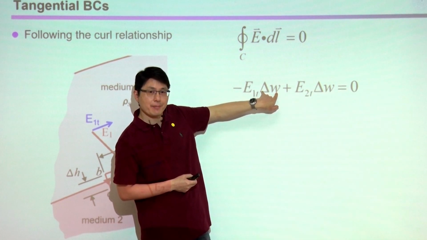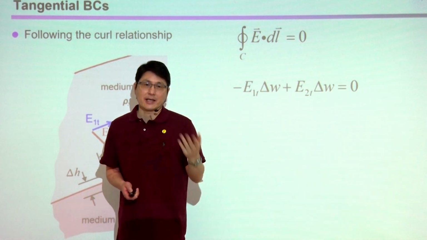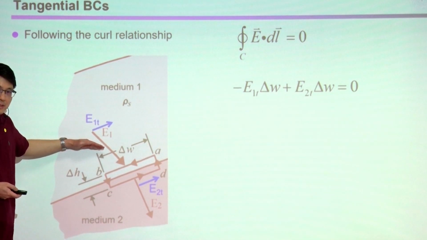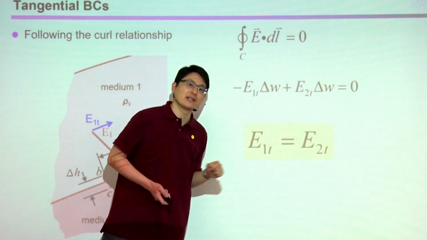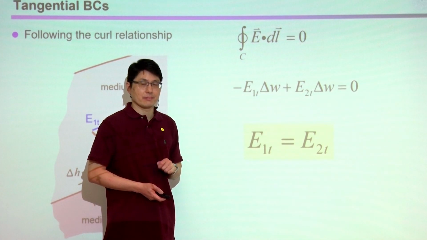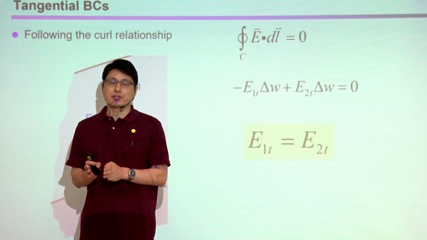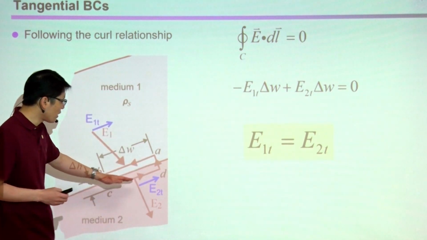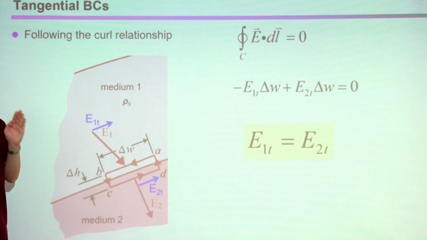They share the same differential segment length, delta W, so I can cancel that. So in the end, whenever you have boundaries, the tangential part of the E field needs to be continuous, due to the fact E fields are conservative fields. So in the tangential components, even across different materials, they have to be continuous. They have to be the same.